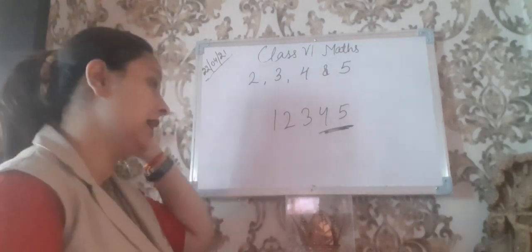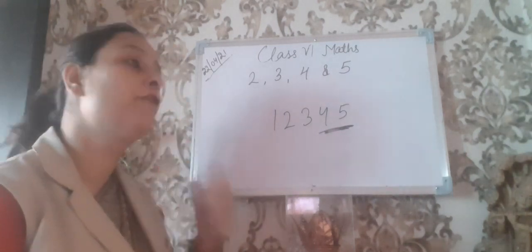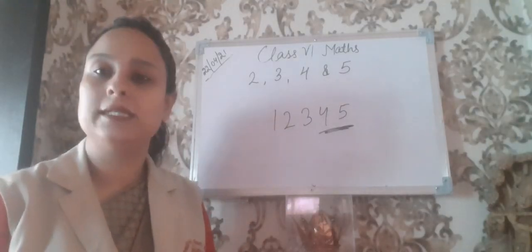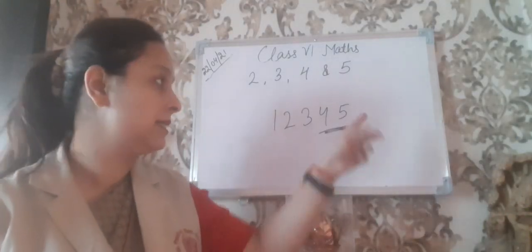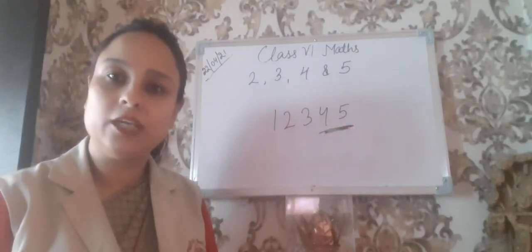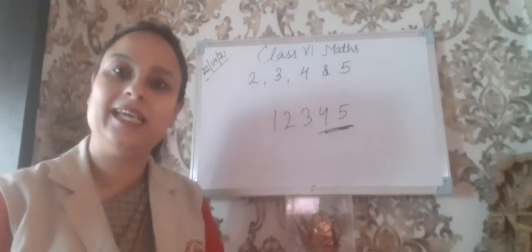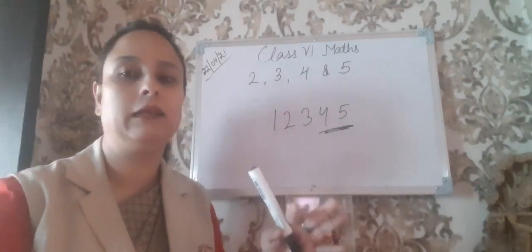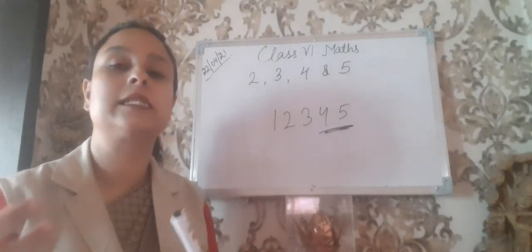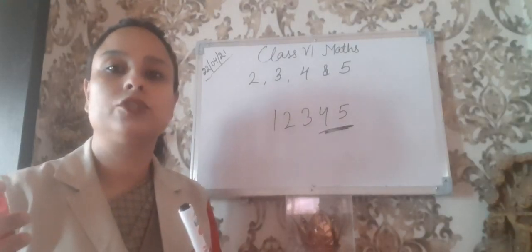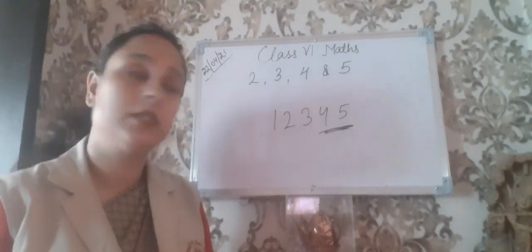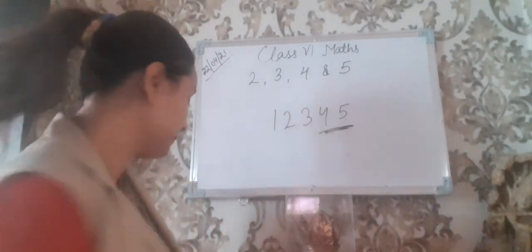What was the divisibility test for 5? If the last digit, that is the units digit, is either 0 or 5, then we can simply tell that this number is divisible by 5. If it is something which is not 0 or 5, then it will not be divisible by 5.